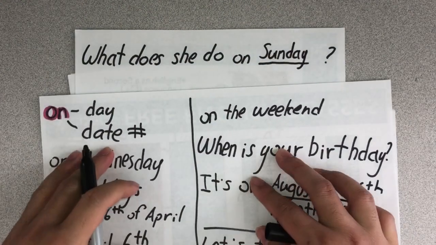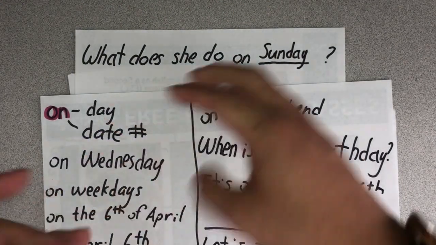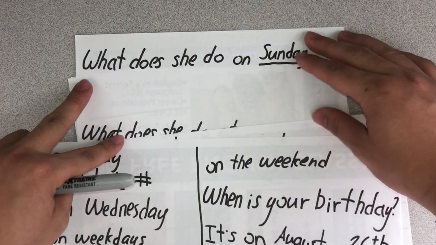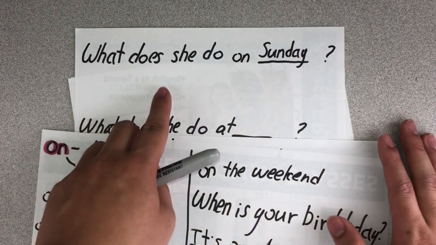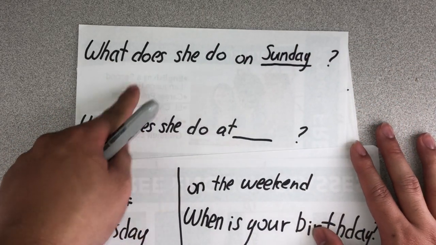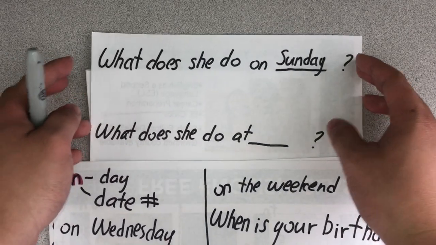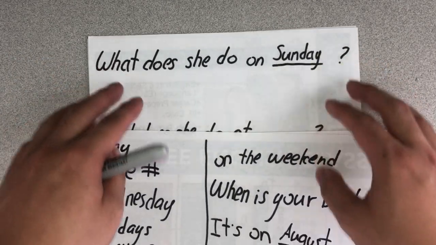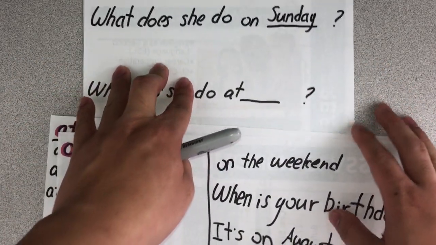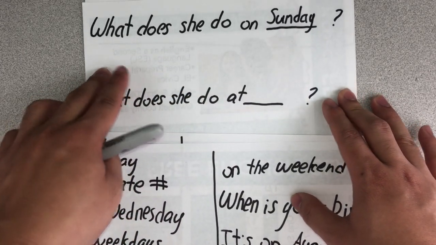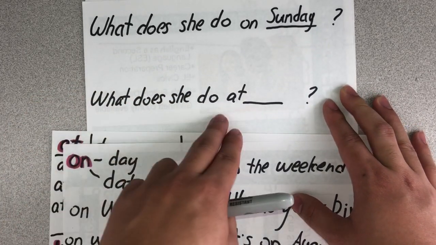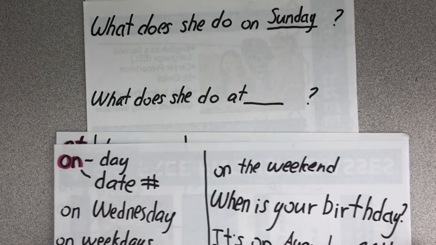What does she do on Sunday? And maybe she goes to the park. She cooks food. She goes to a restaurant. She goes to church.